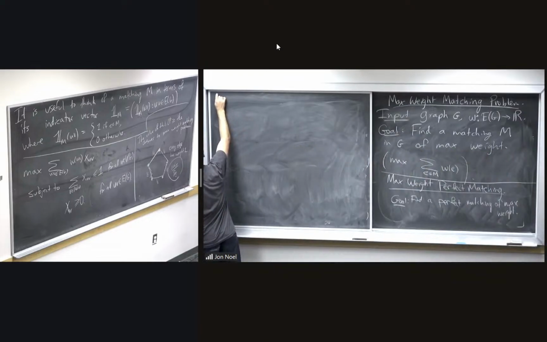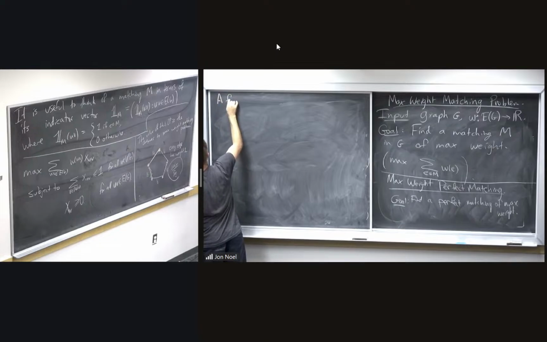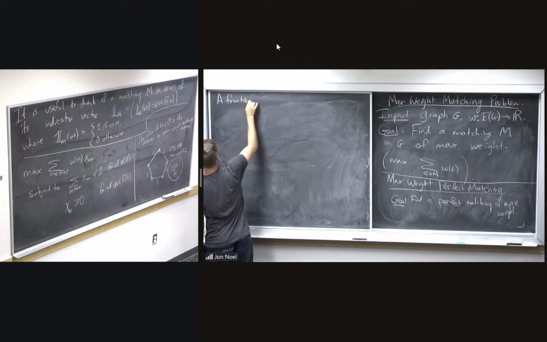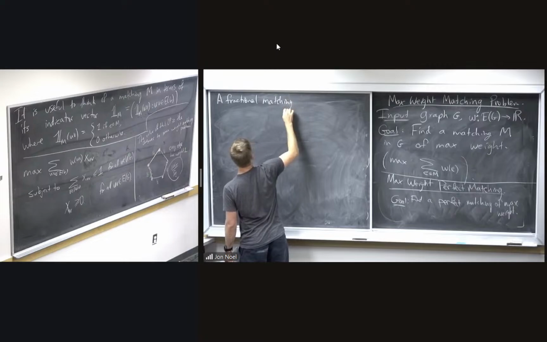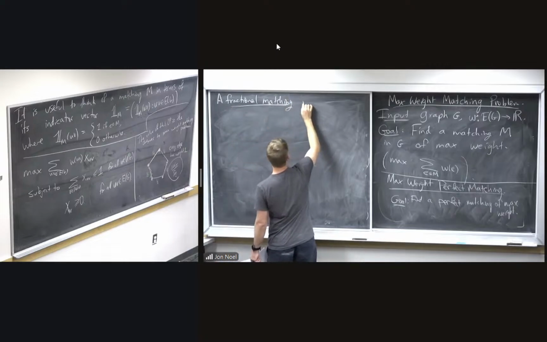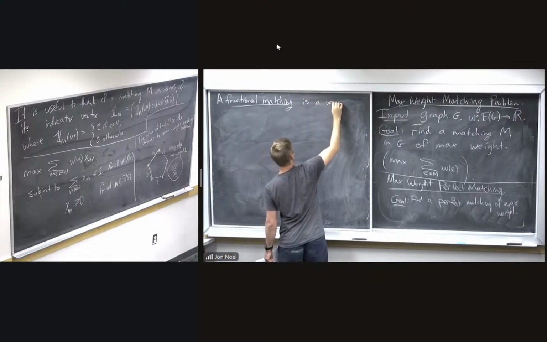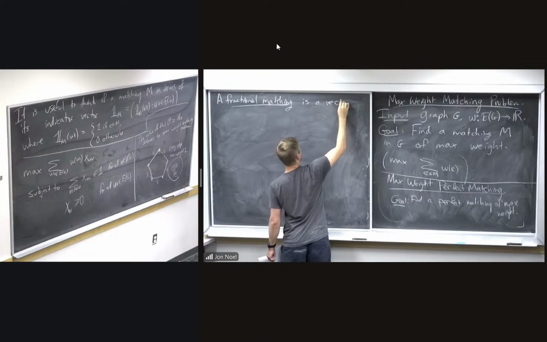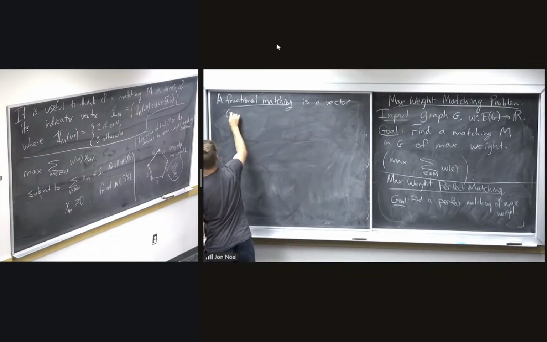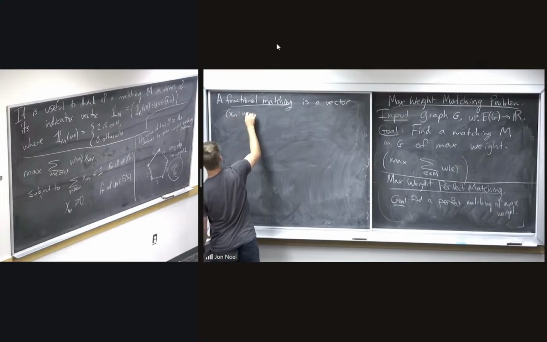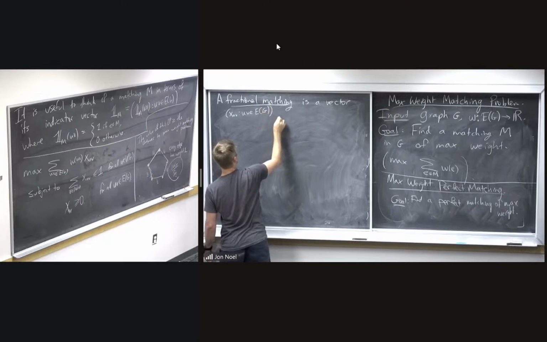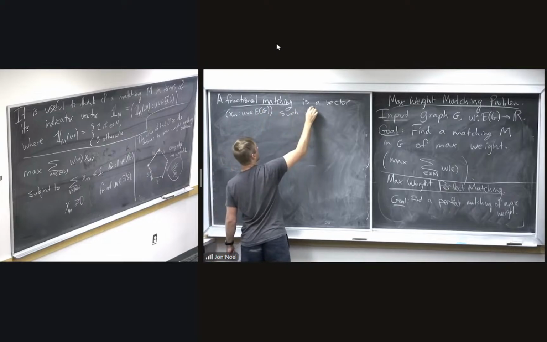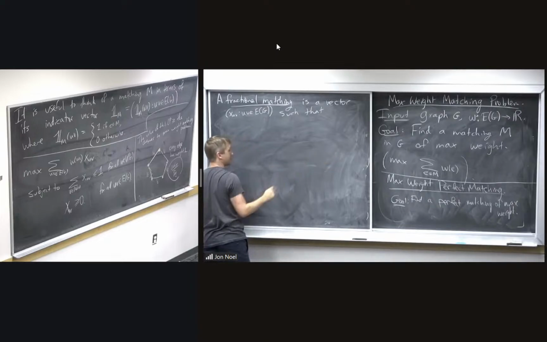Let's say a fractional matching in a graph is a vector x_uv, where uv is an edge of G, such that it satisfies the constraints of that LP.